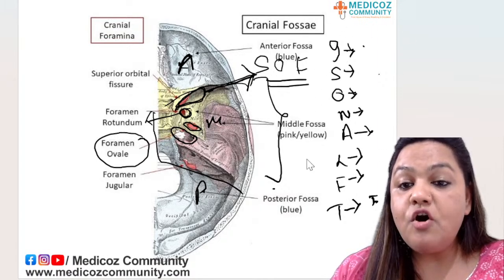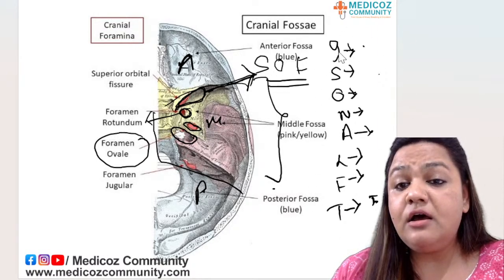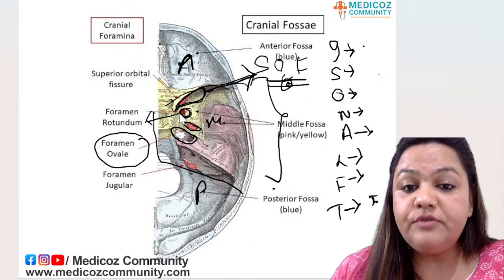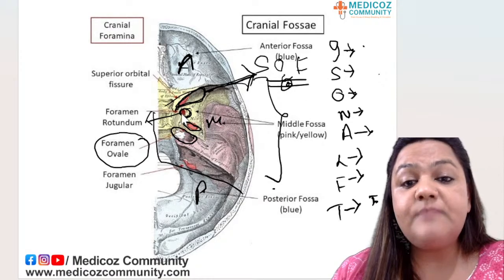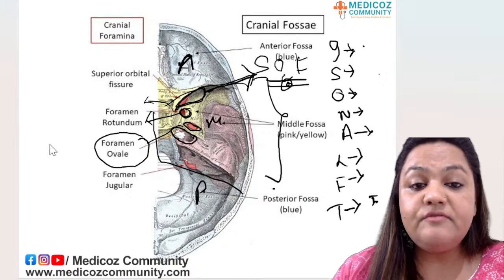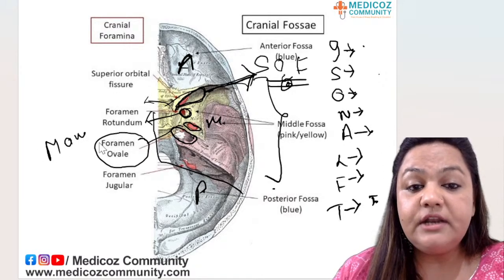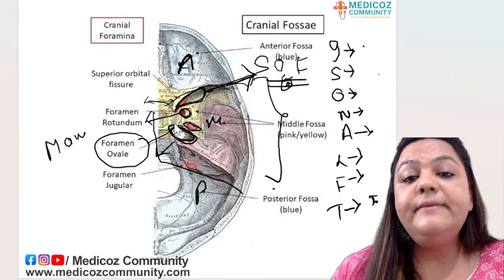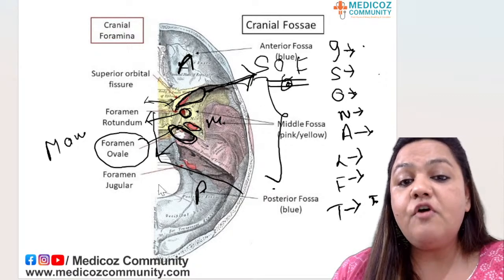All these nerves, along with the blood vessels, pass through the superior orbital fissure. From the foramen rotundum, the maxillary nerve passes. From the foramen ovale, the mandibular nerve passes. And through the foramen lacerum, the internal carotid artery enters the middle cranial fossa. Now we have all the nerves passing through these foramina.